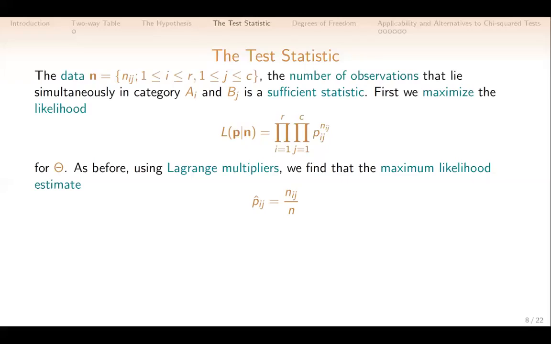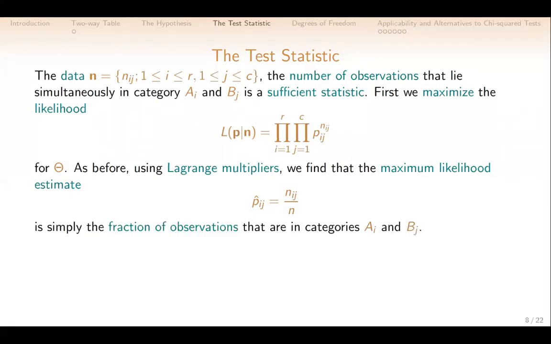You set up the gradient equation that you need for Lagrange multipliers, that the sum of those probabilities has to be 1, and you get the maximum likelihood estimate that you expected, that the maximum likelihood estimator for Pij is just the fraction of observations that happen to be in that cell. So it's simply the fraction of observations that are in categories Ai and Bj, where N is the total number of observations. So that was easy.